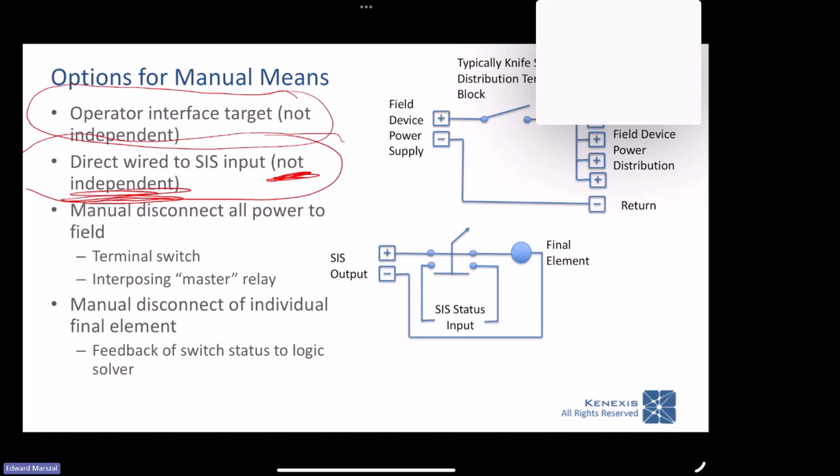Now, when I say it's a direct wired SIS input, if you consider the modern large petrochemical plants or the modern refinery, there are going to be push buttons in the control room that the operator has at their console, but they're not hardwired per se. They're hardwired from the push button to a remote IO card.